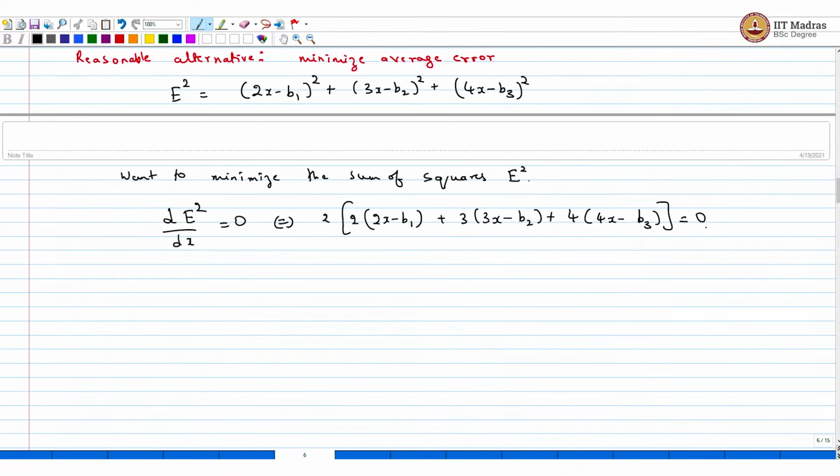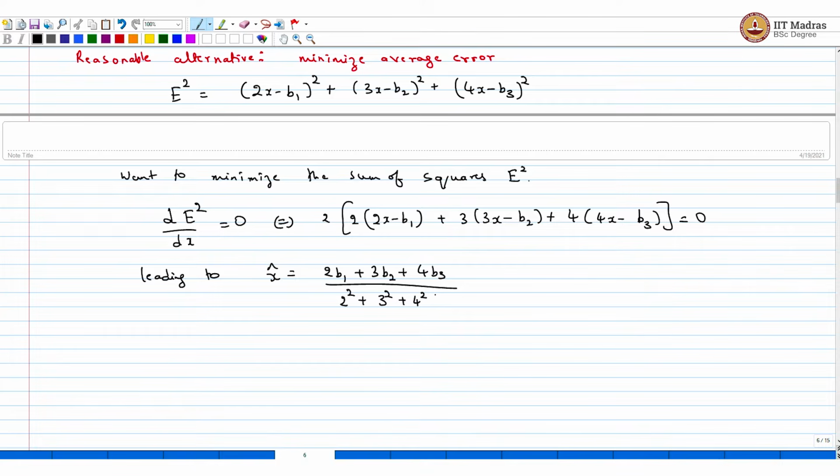This is equal to 0. This leads to the following least squares solution: x hat equals (2b1 plus 3b2 plus 4b3) divided by (2 squared plus 3 squared plus 4 squared).